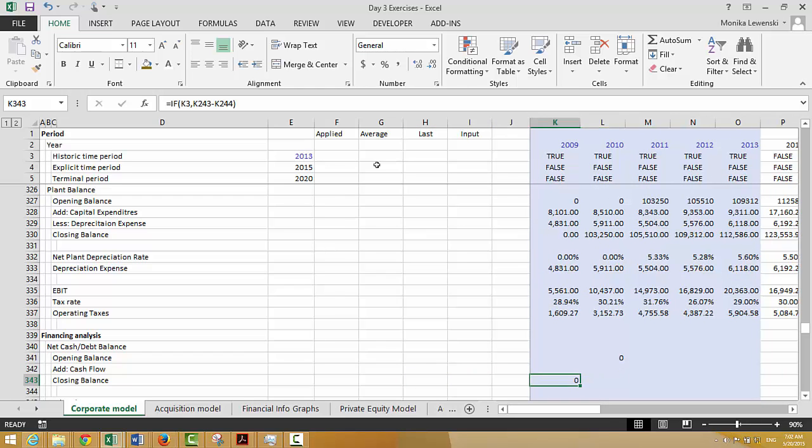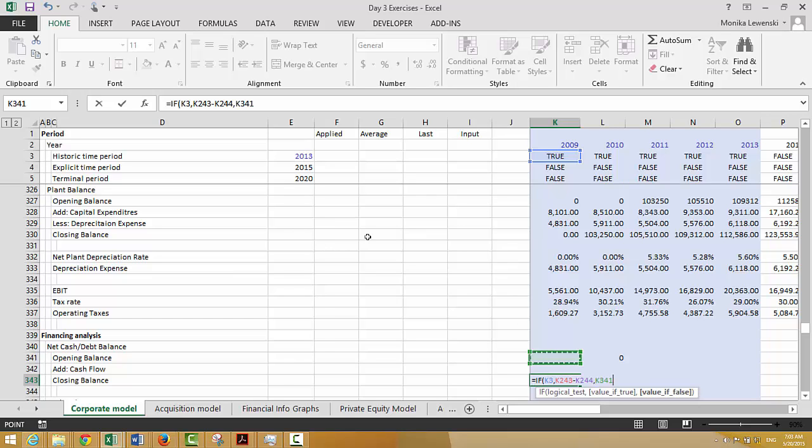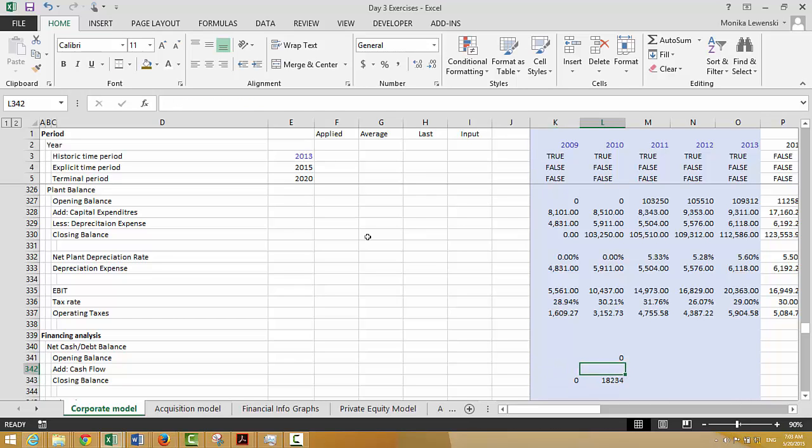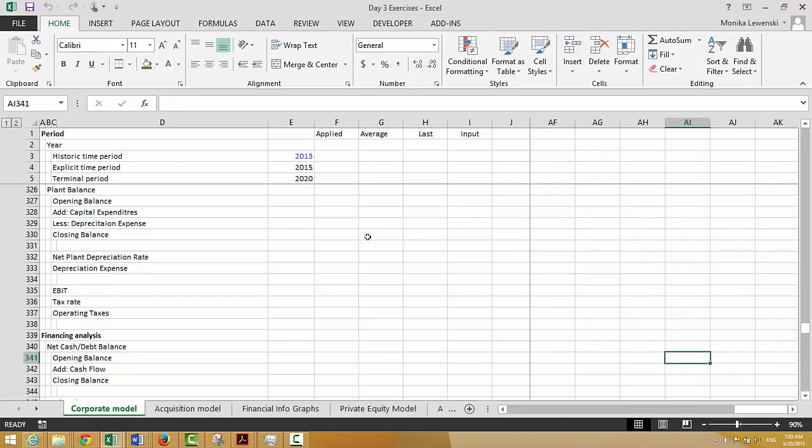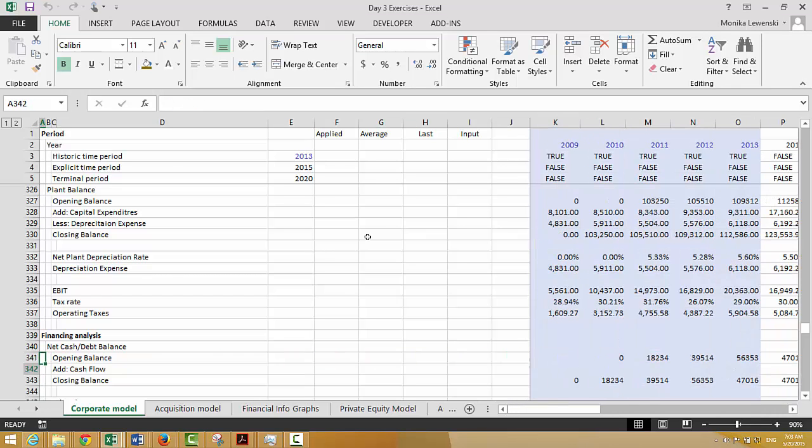Now, here's the problem: I didn't say what if it's not the history. If it's not the history, we'll take the opening balance plus the cash balance. Then Shift Control R, so you've got the whole thing set up.